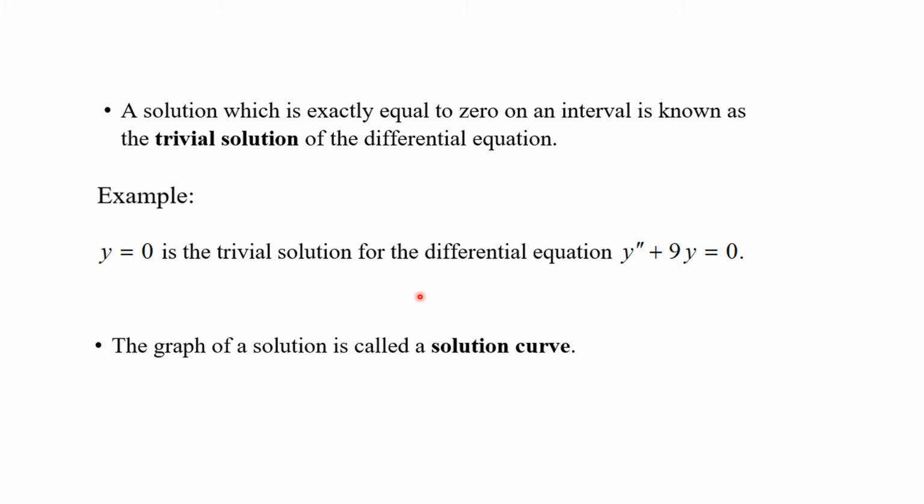When we solve a differential equation, we get the solution, and that solution can be sketched in the form of graphs. So the graph of a solution is called a solution curve. Some solution curves can be sketched manually, but most of them can be obtained by using certain software.